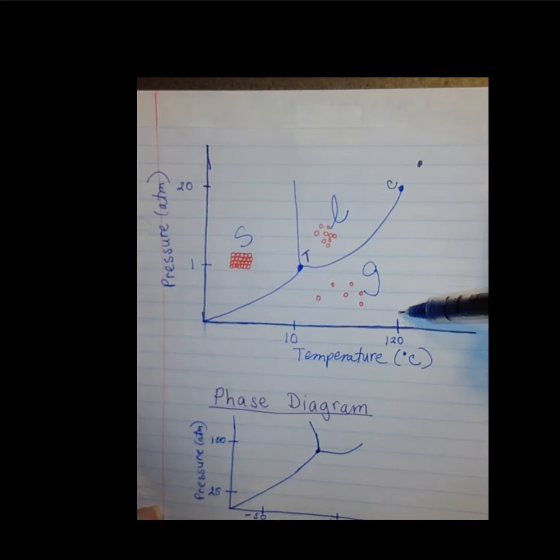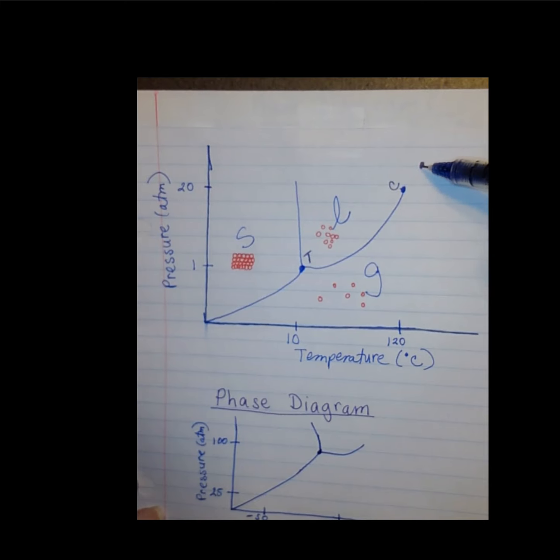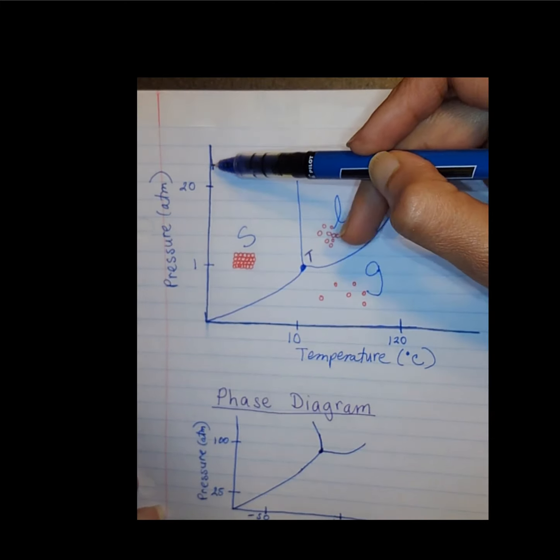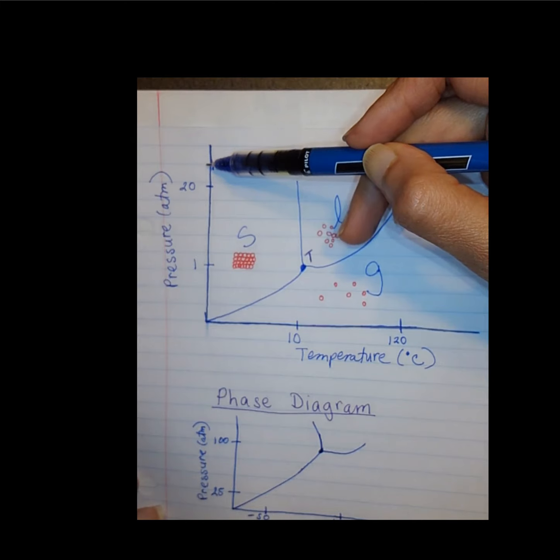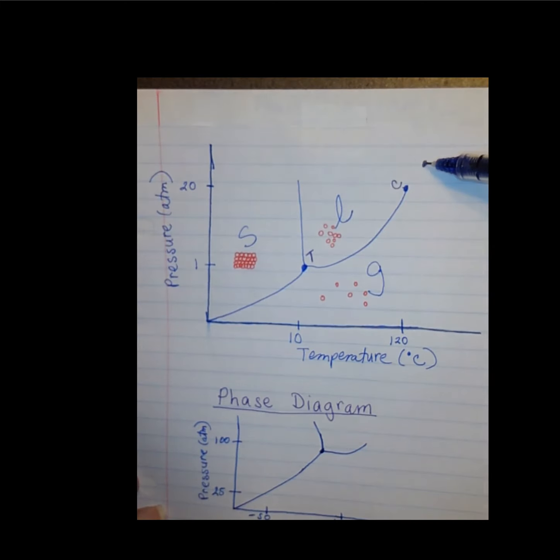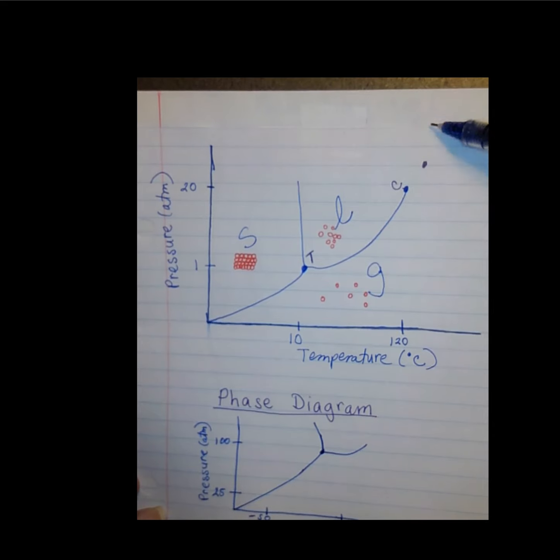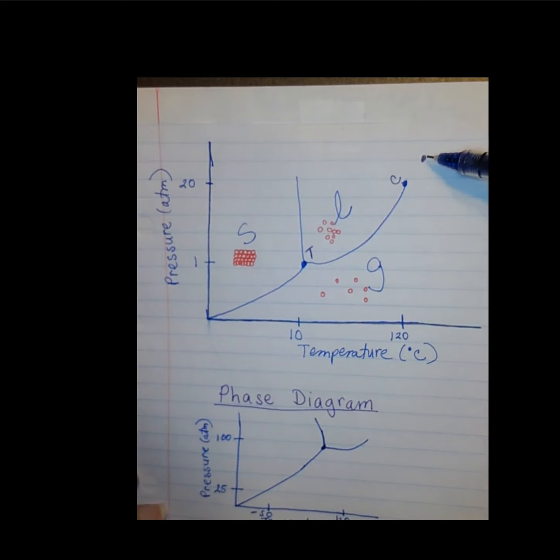So let's say that you have this substance at 120 degrees and over about 40 atmospheres. With this phase diagram, this substance at 40 atmospheres and 120 degrees Celsius would be a supercritical fluid, where it's indistinguishable between the liquid and gas phase.